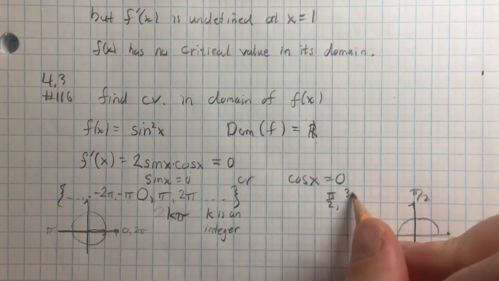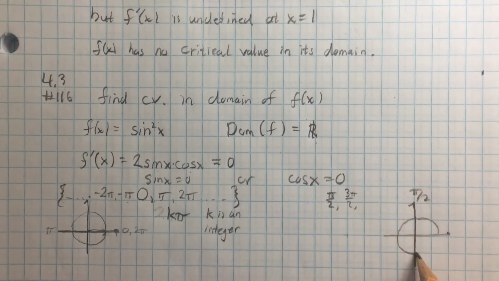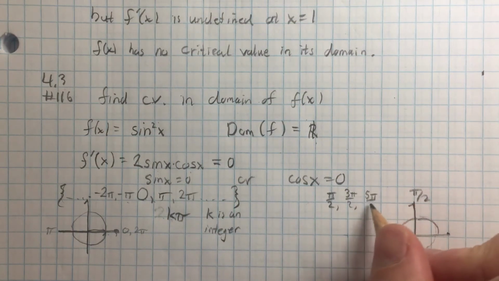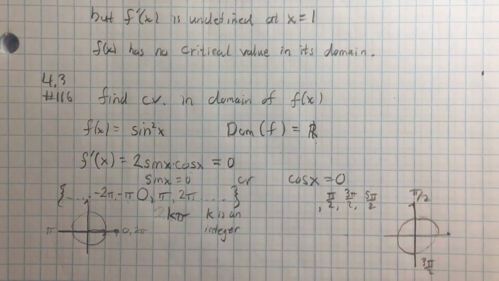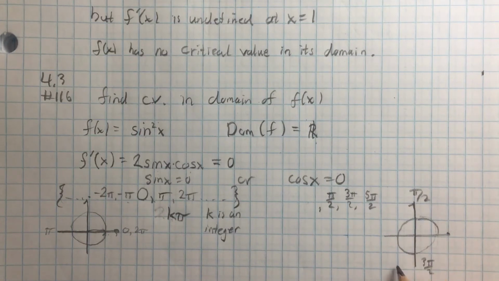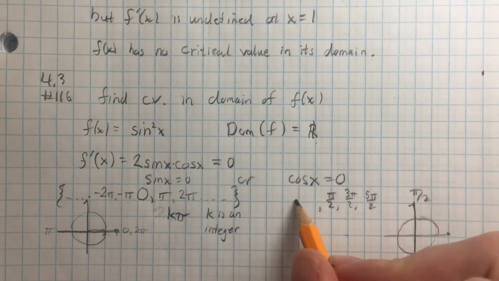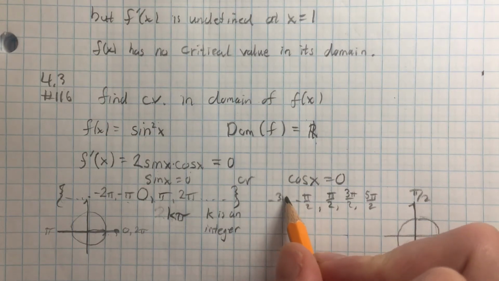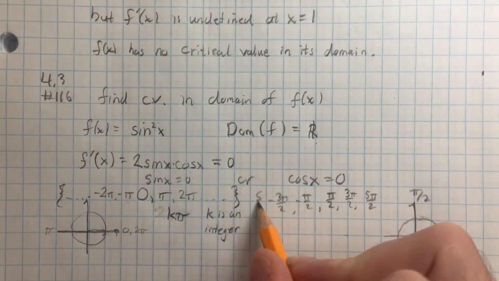At 3 pi on 2. And the next one will be over here at 5 pi on 2. There's 3 pi on 2. And so forth forever. Okay? And going backwards, right? If you've gone backwards, it'd be at negative pi on 2, which is the same location as 3 pi on 2. So you'd have negative pi on 2 and negative 3 pi on 2 and so forth forever in that direction, right?